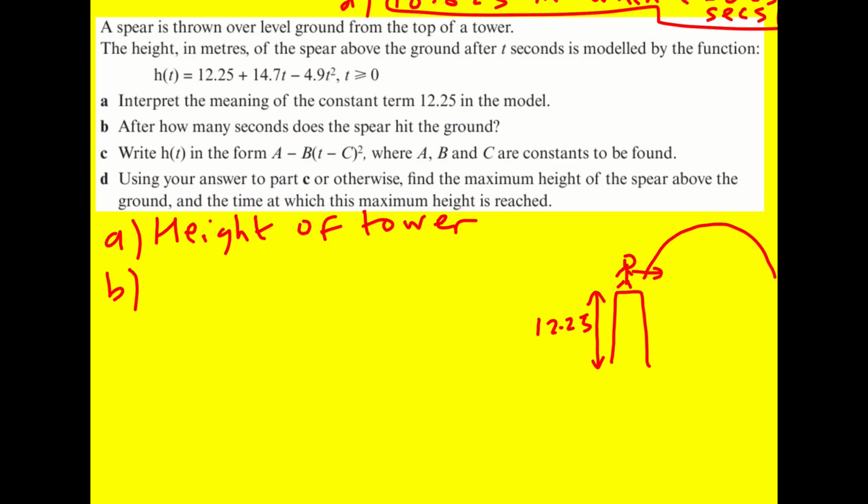After how many seconds does it hit the ground? We're going to be doing like we did before with the diver, 12.25 plus 14.7 t minus 4.9 t squared equals 0, because remember it's the height above the ground, so I'm interested in when it's equal to 0.